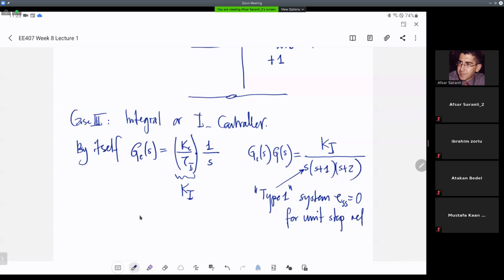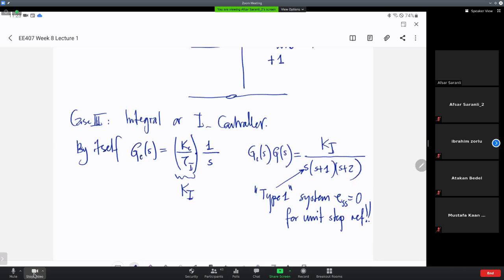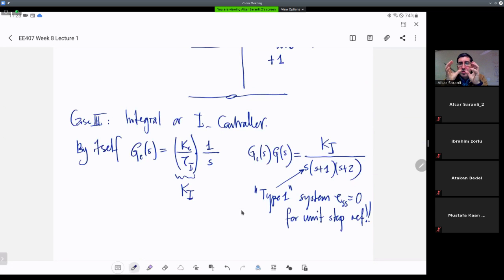By adding an integral controller, the most obvious desirable impact on the system is that it makes the steady state error for a unit step reference equal 0.